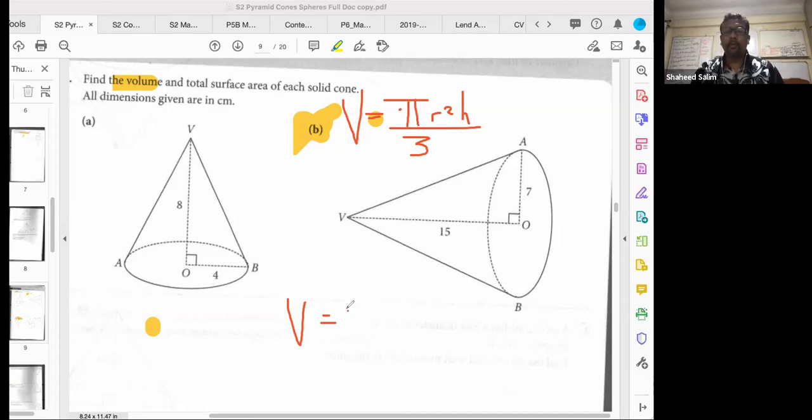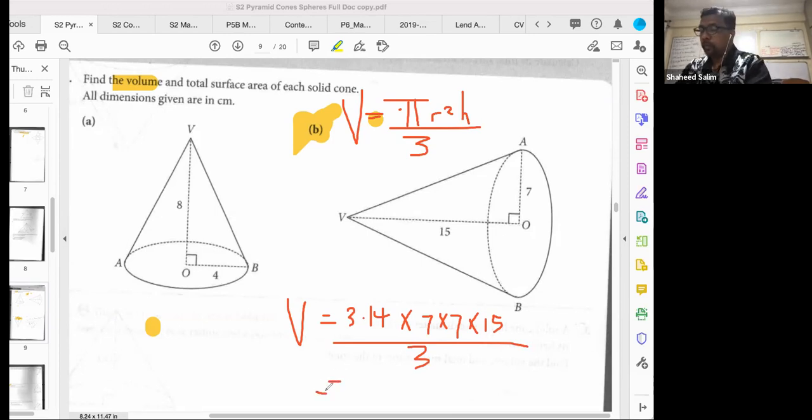You can take pi to be 3.14. So volume is like that: 7 times 7 times height 15, over 3. What is it equal to?